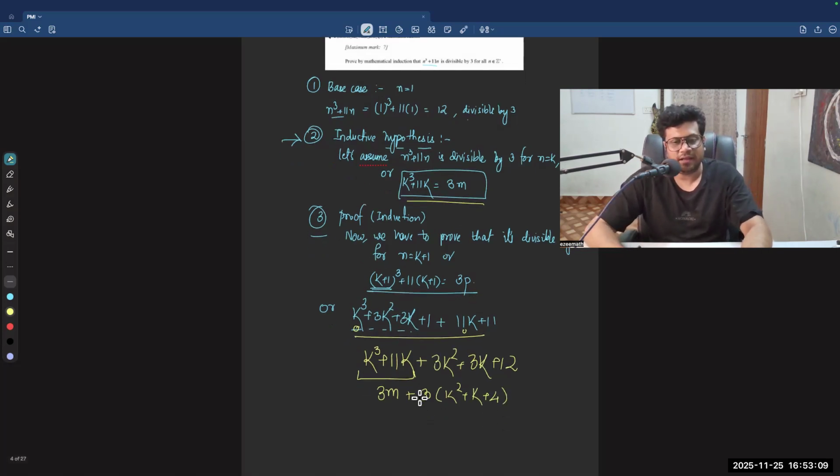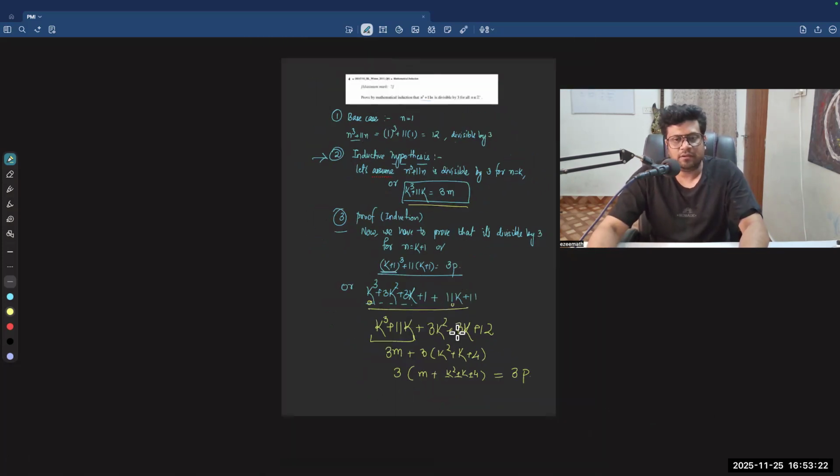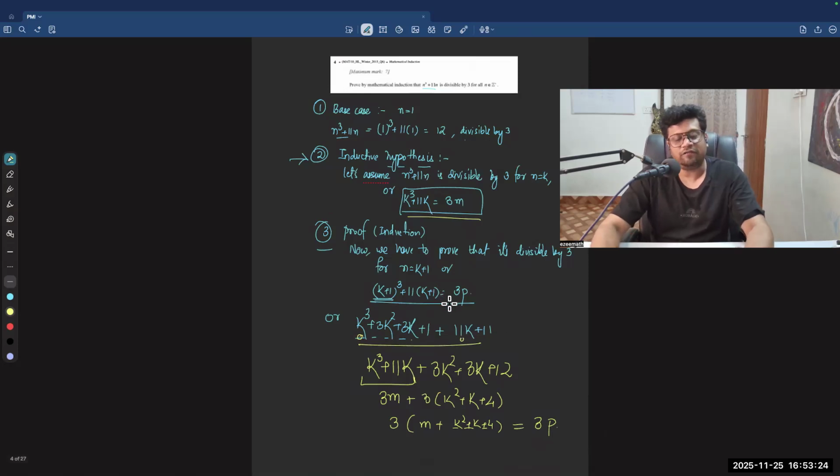What you're looking at is 3 times m plus this whole thing, k square plus k plus 4, which can actually be written as 3 times p. It's going to be an integer. So that is the end of your solution. You have proved that this thing comes out to be equal to 3 times some integer, and there it is. That's your solution, but it needs to be better structured.